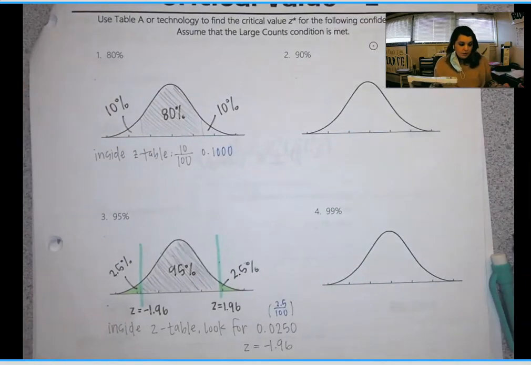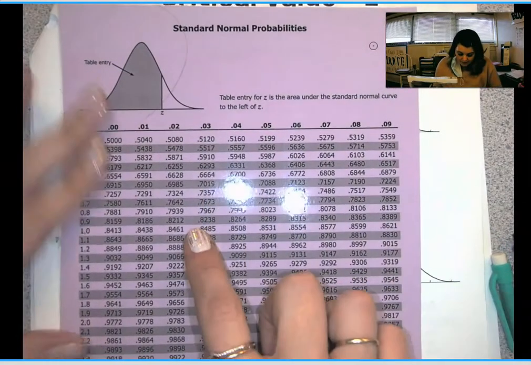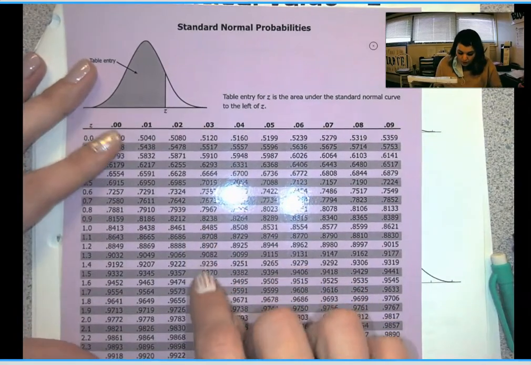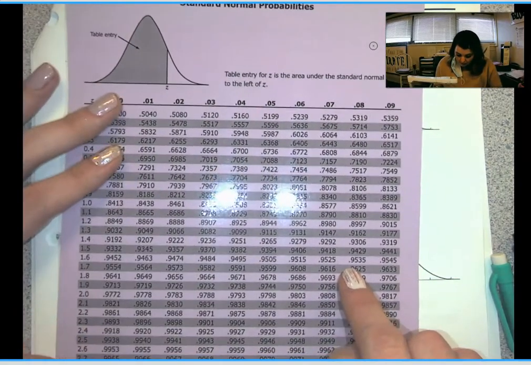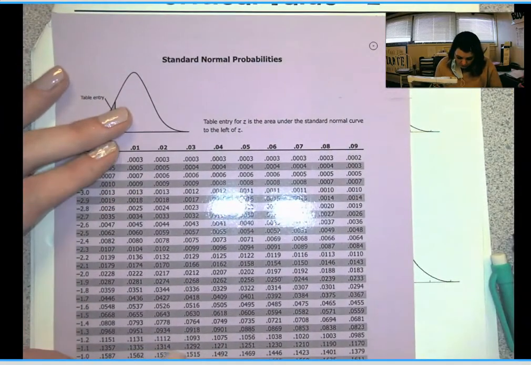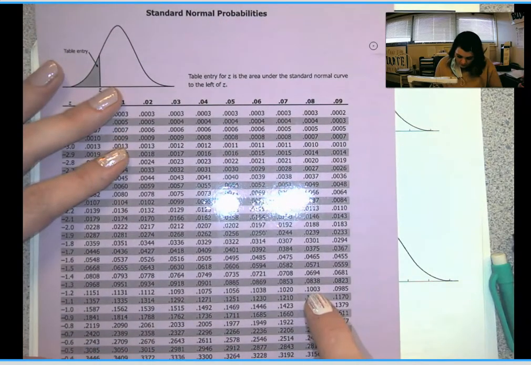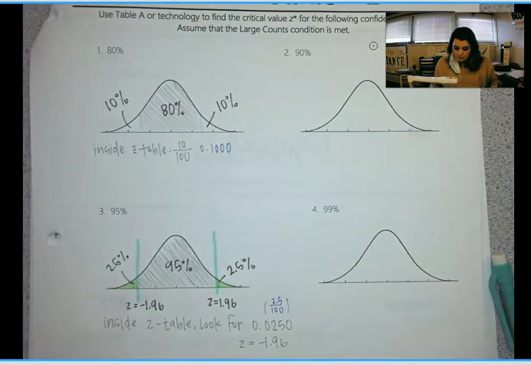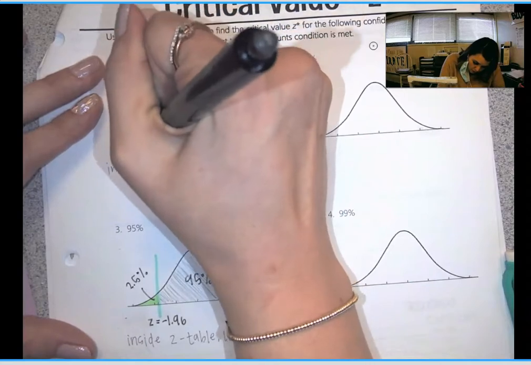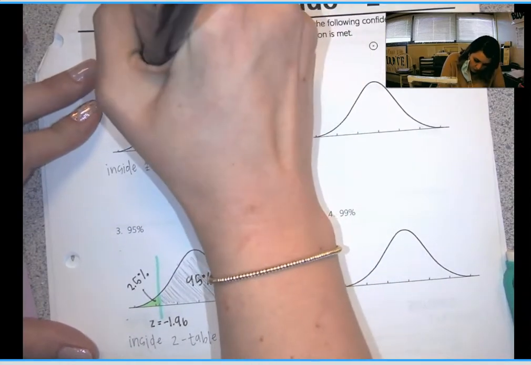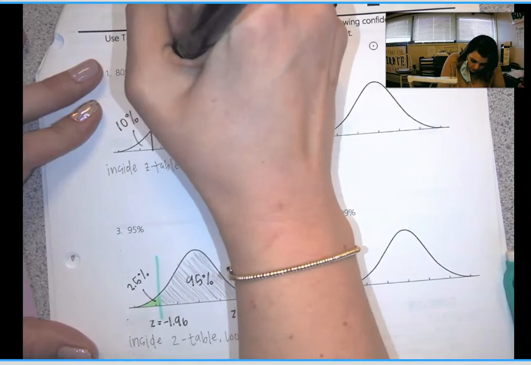So I am coming to the table and I am finding the z value closest to 1,000. So those numbers are too big. Right here I have 1,003 and 985, so it's going to be this one. And I get negative 1.28. Negative 1.28. So I wasn't too far off on my figure.